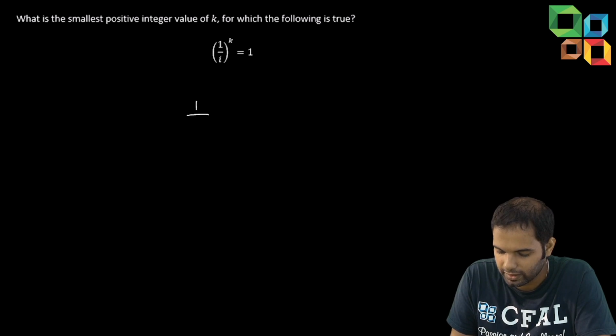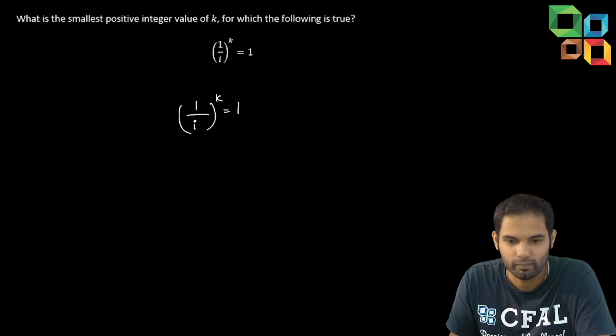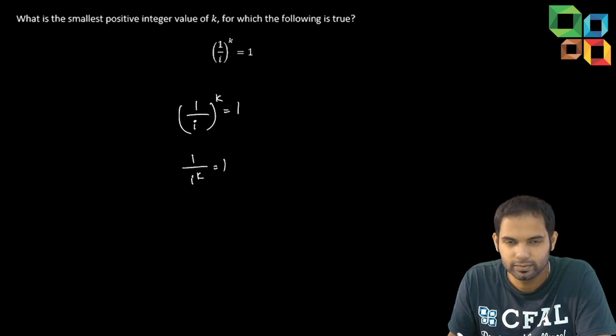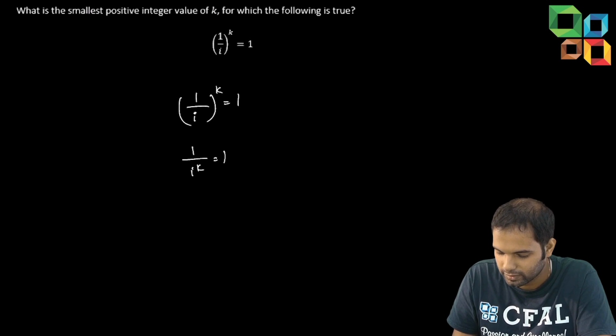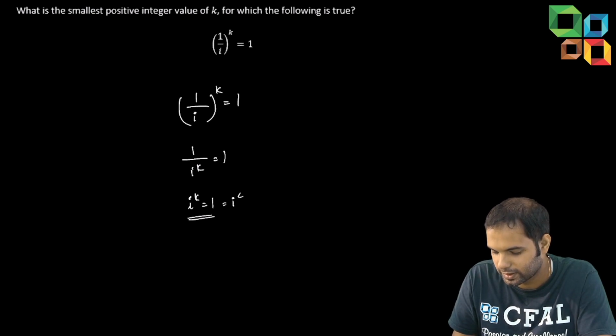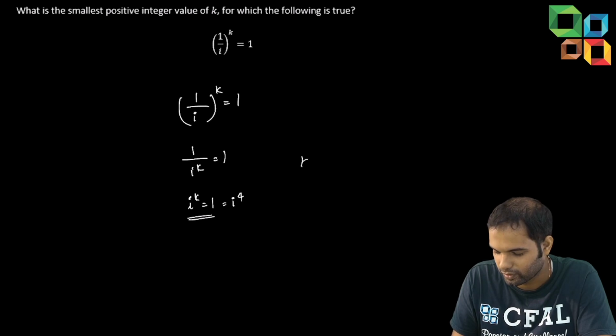So 1 by i whole power k should be equal to 1. That means 1 by i power k is equal to 1. Cross multiply: i power k is equal to 1. When is i power k equal to 1? The first positive number we can think of is 4, where it's 1. Therefore, k is equal to 4.